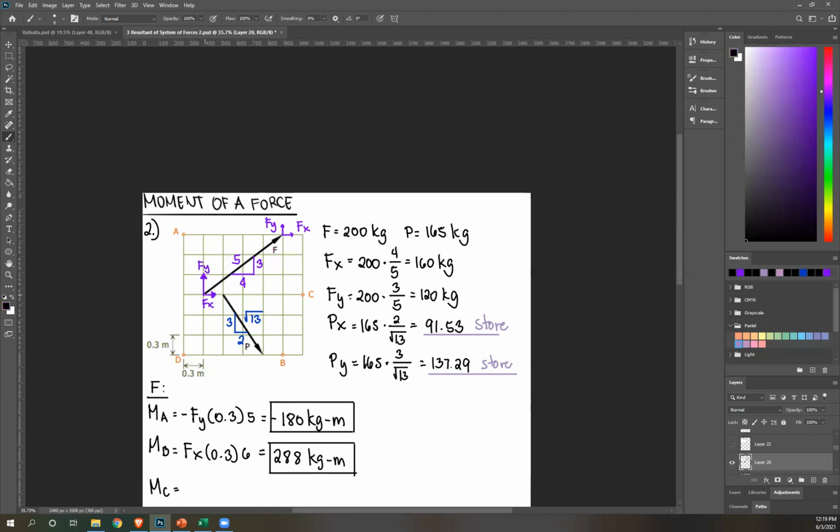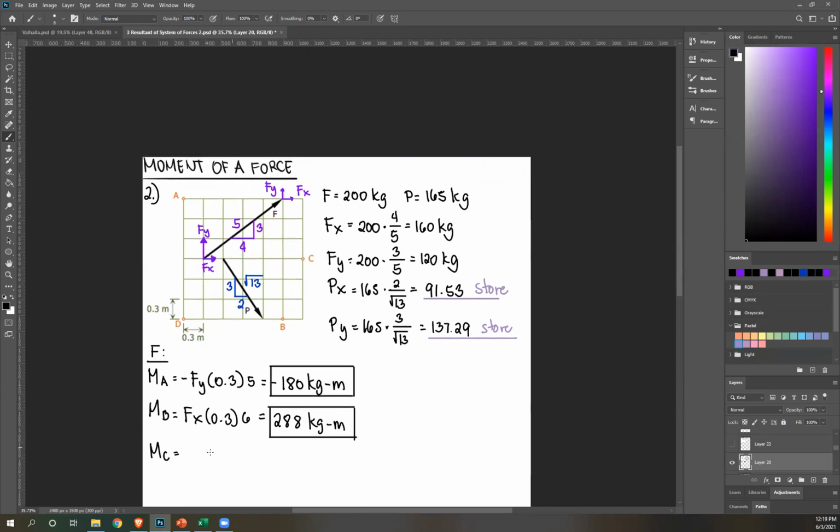And as you can see, Fx passes through C, so I'm just going to ignore that, and now we're left with Fy. Rotate Fy about C, that's clockwise, so positive Fy, then count the distance. It's this, so that's 1, 2, 3, 4, 5 times 5. Please compute what's the answer, knowing that Fy is 120.